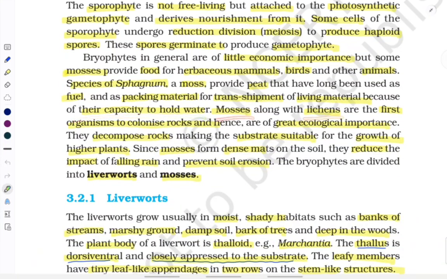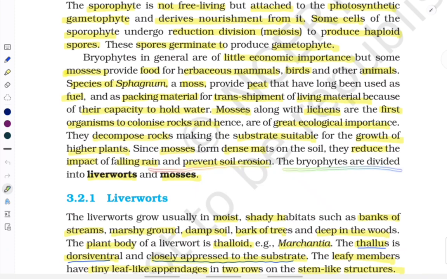Mosses, along with lichens, are the first organisms to colonize rocks, hence they are of great ecological importance. They decompose rocks, making the substrate suitable for growth of higher plants. Since mosses form a dense mat on the soil, they reduce the impact of falling rain and prevent soil erosion.